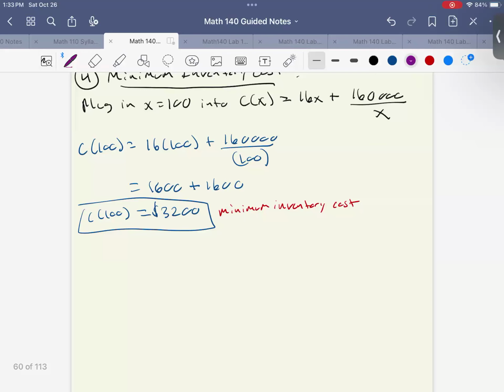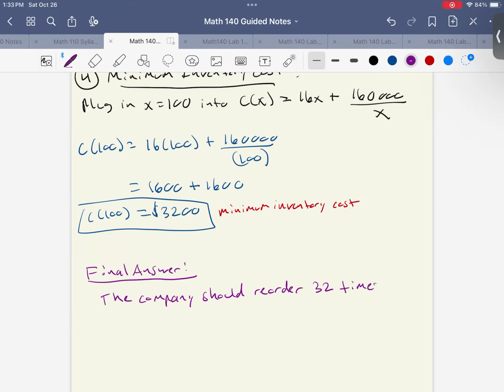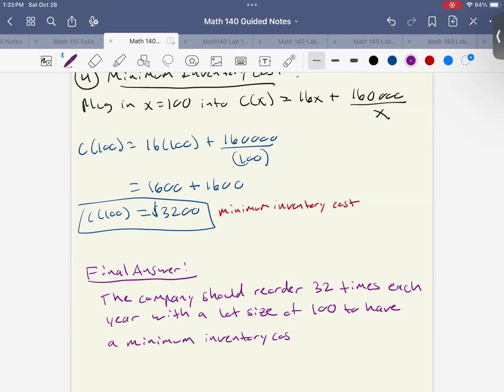So really, final answer is the company should reorder 32 times each year with a lot size of 100 to have a minimum inventory cost of $3,200.